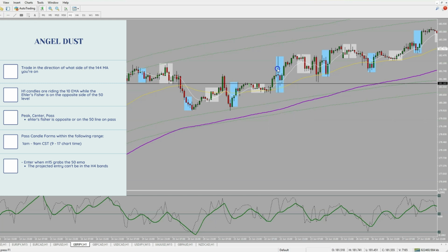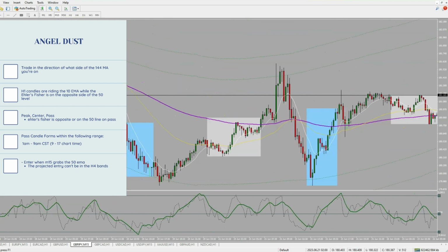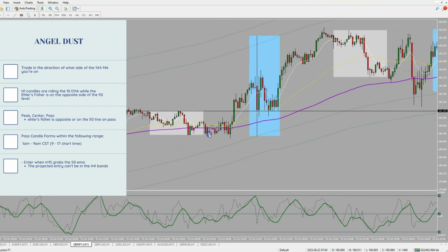Now, clearly this was some news right here. But that is before I would have even been getting in the market, because for New York session, 7 a.m. Central Standard Time is the earliest that I'll take a trade. This happened during the 6 o'clock in the morning hour. So I actually would have gotten in the trade either on this candle or this one, because those are in the 7 o'clock hour, I can tell.